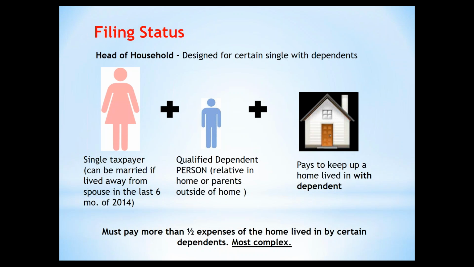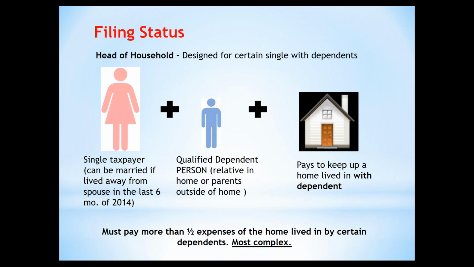There are a couple of caveats though. The person has to have a dependent in the home, and the dependent must either be a relative or a child. If it's a relative, the relative has to be disabled, has lived at the home all year, and completely relies on that single taxpayer for support.